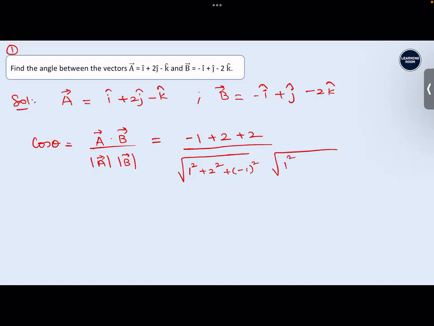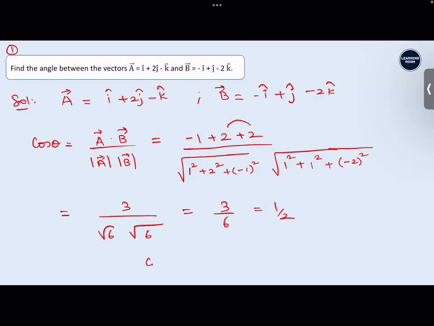So 1 square, that is -1 square, plus -2 the whole square. So what is the value? 4 minus 1 is 3. The magnitude of A is root 6, and that of B is also root 6 only. So you will get 3 divided by 6, which is half.